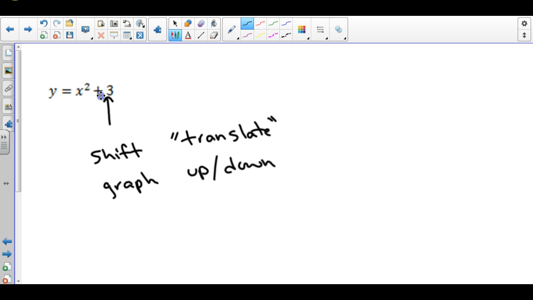So in this case, it just took our last graph of y equals x squared, and the plus 3, all it did was just take all of your y values and add 3 to them. So if we had a point on that parabola that was 1, 1, all it's going to do when you add 3 is make another point that would be 1, 4. You're adding 3 to your y coordinate. That's pretty much all it does if you have a value after the x squared: it's going to translate your graph up or down.